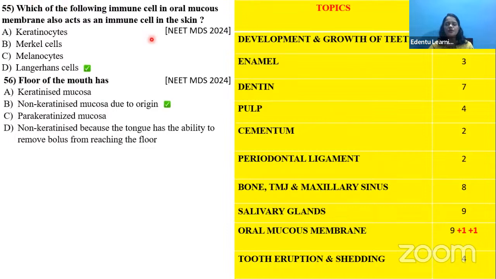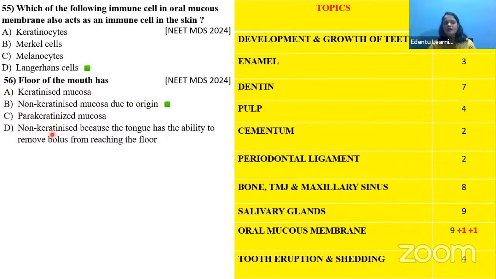Now, which of the following immune cells is present in the oral mucous membrane and also acts as an immune cell for the skin? It is the Langerhans cells. You can include it under the oral mucous membrane topic here. Now, the floor of the mouth has... Okay, this question was a little bit confusing for the students. The floor of the mouth is non-keratinized mucosa, mainly due to origin.